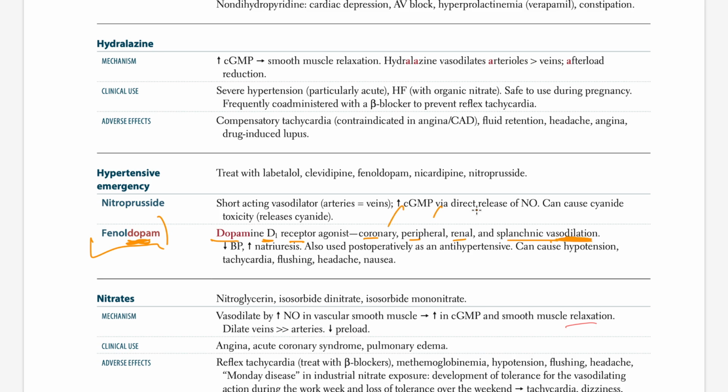So coronary, peripheral, renal, splanchnic vasodilation. Decreases blood pressure, increases natriuresis. Also used post-operatively as an antihypertensive. Post-operative, after some surgery, you can give it as an antihypertensive. Can cause hypotension, tachycardia, flushing, headache, and nausea.